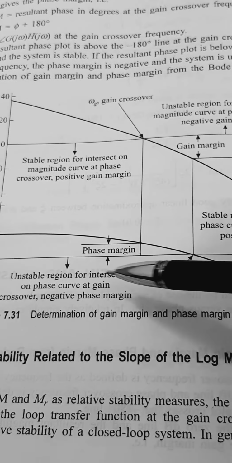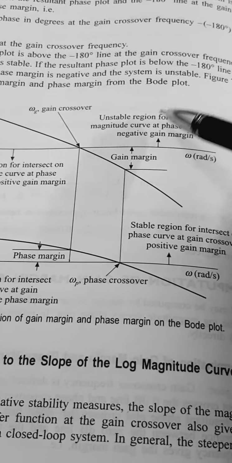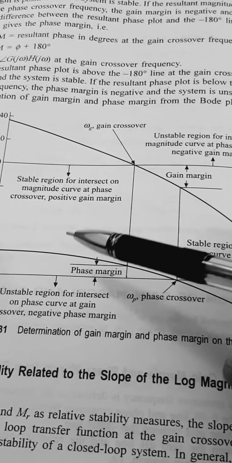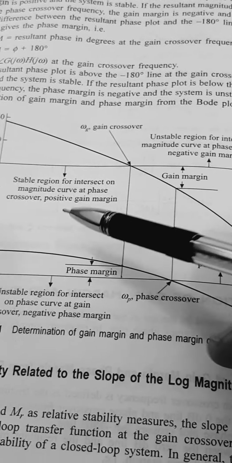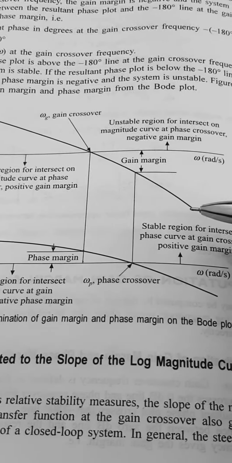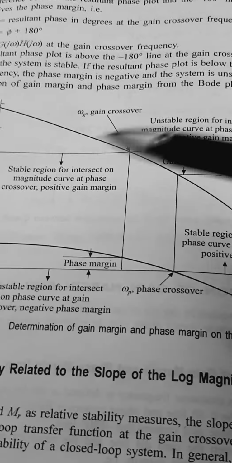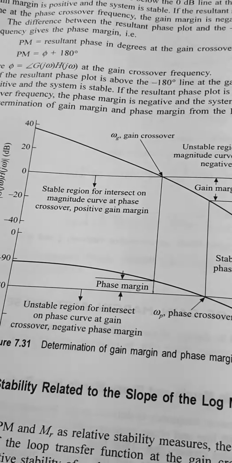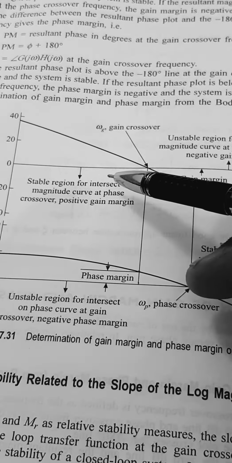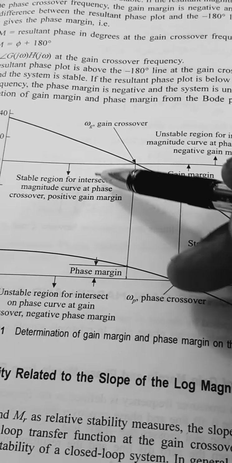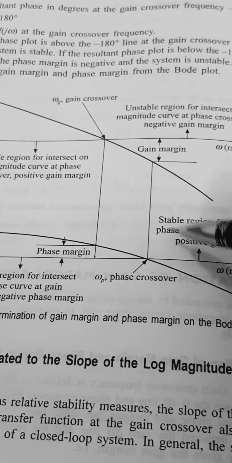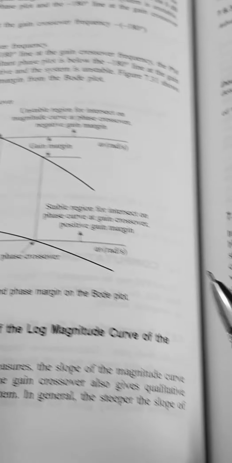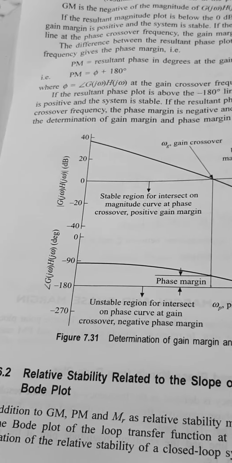So here negative phase margin, here negative gain margin; above this is positive phase margin, below this positive gain margin, above this negative gain margin, below this negative phase margin.